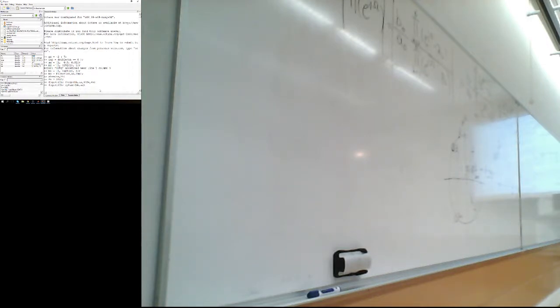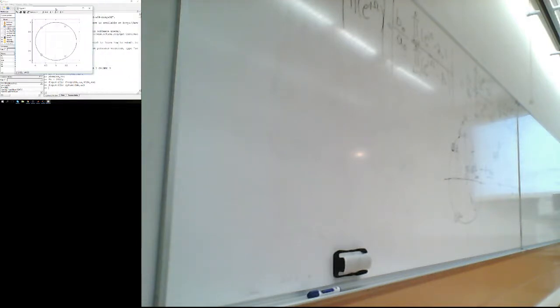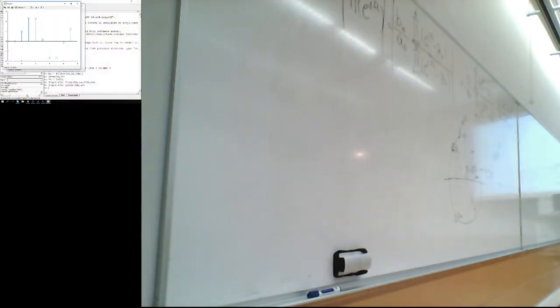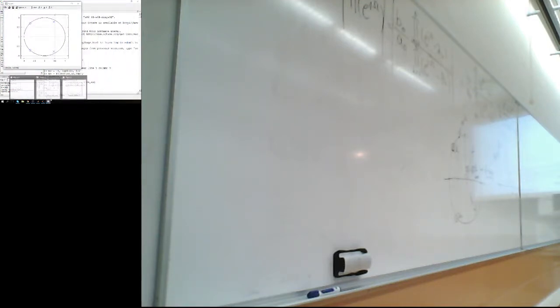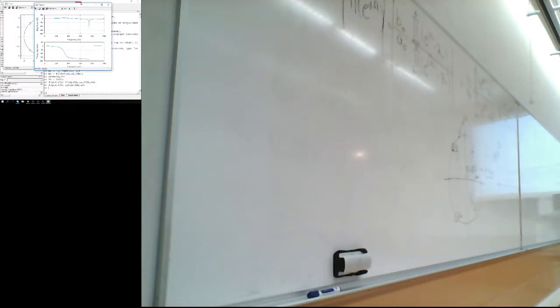All right. So the system frequency response or the impulse response, system zeros and poles are here, and then the frequency response looks like that.